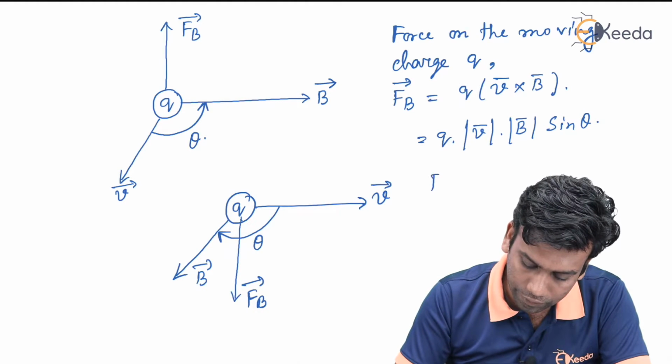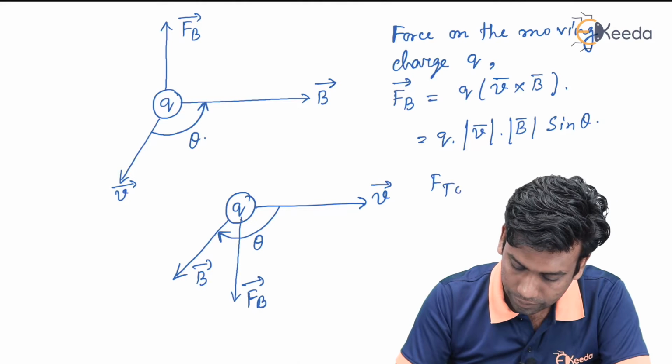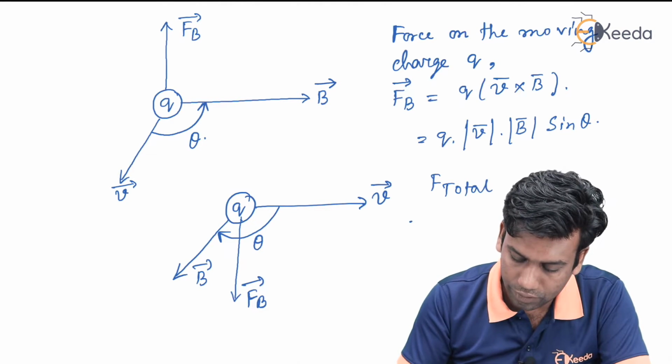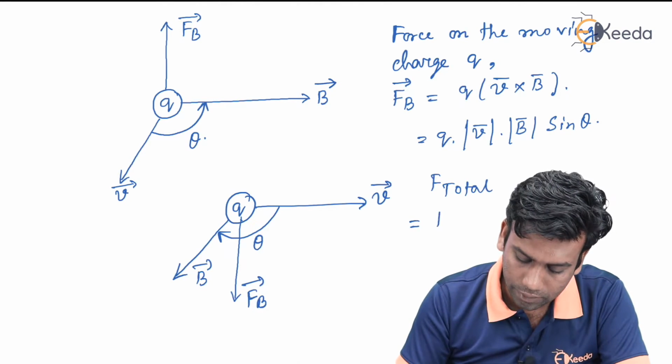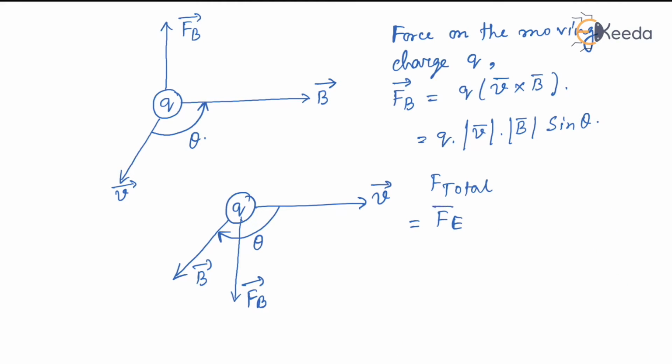Now, the total force F total can be written as the force due to the electric field plus the force due to the magnetic field.